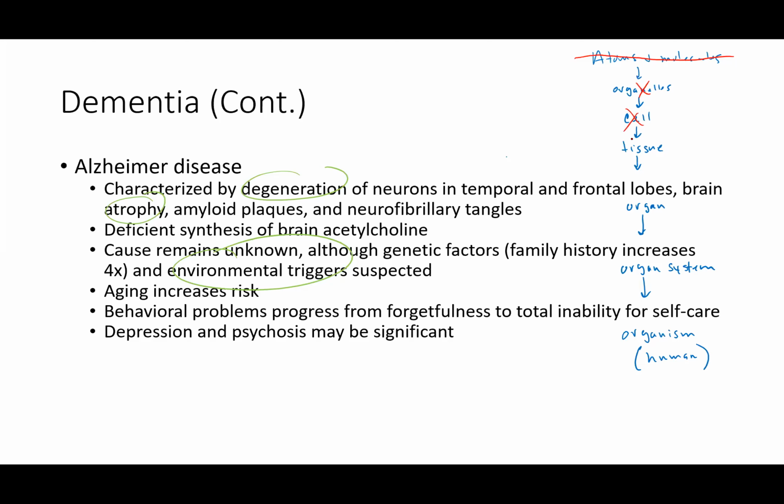If you hurt enough cells, then tissue gets hurt. And if the tissue gets hurt, then the organ is hurt. And it's usually by this time where people start to exhibit signs and symptoms, which means all of this has been in the making for quite some time. And that's the unfortunate part, is the disease process is underlying and gradual.